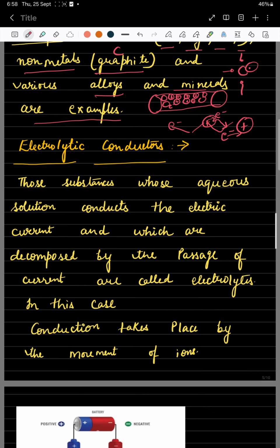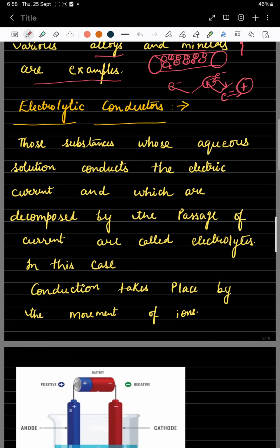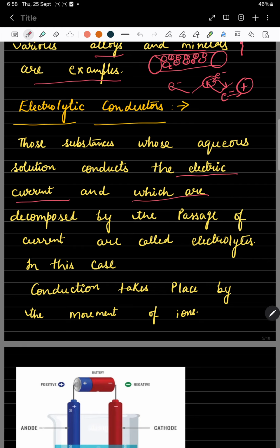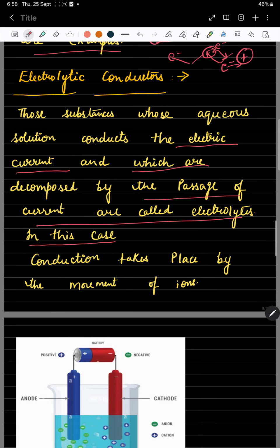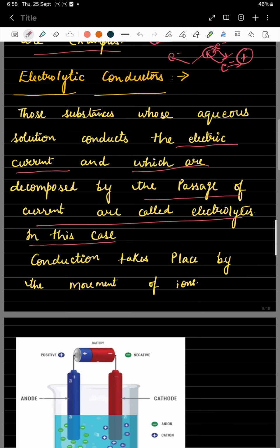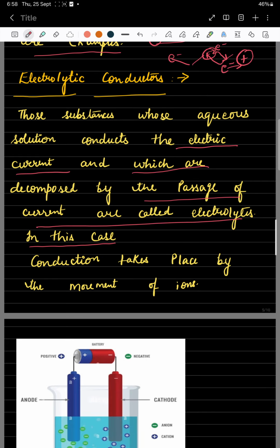Now, electrolytic conductors. What are electrolytic conductors? Those substances whose aqueous solution conducts the electric current, and which are decomposed by the passage of current, are called electrolytes. See students, you can easily understand. With this word you can understand: electro means electricity, lytic means breakdown, conductors which have the capability to conduct.